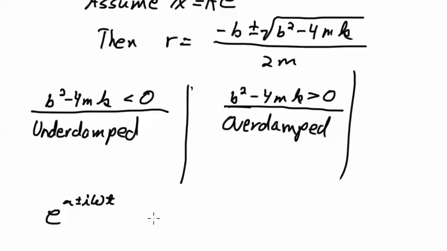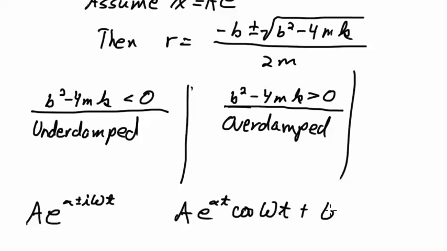And in essence, what this turns out to be, instead of a e to the alpha plus or minus i omega t, we will end up with a e to the alpha t cosine omega t plus some other function b e to the alpha t sine omega t.